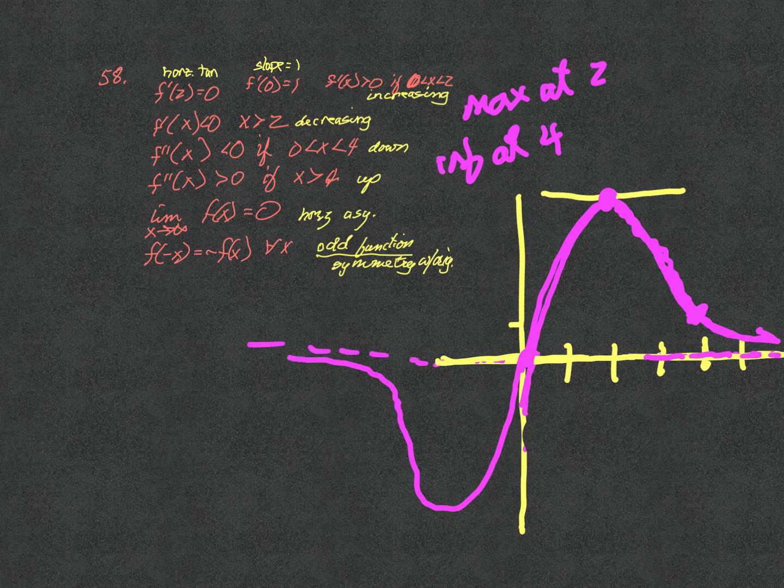And that's how I end up drawing this other side, from symmetry. I kind of guess it on that side. So this was the real work, and then symmetry gave you the other side because it was an odd function. So I think that's the correct graph. And that's how you do those problems.